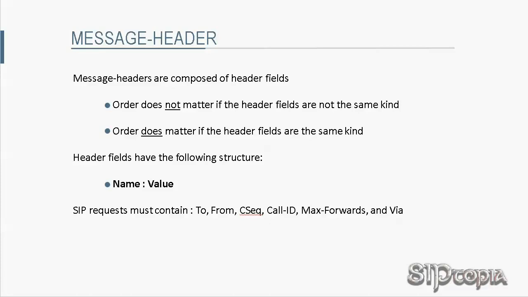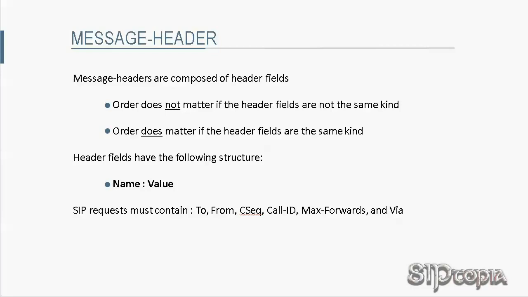Now, another good point here is that all SIP requests must contain at least each and every one of the following headers: To, From, CSeq, Call-ID, Max-Forwards, and Via. This is an extremely important point, so I'm going to repeat this.